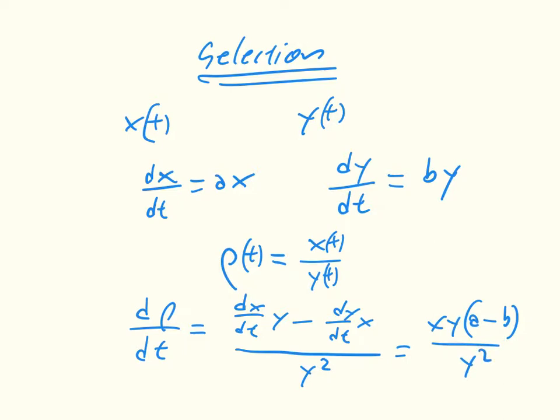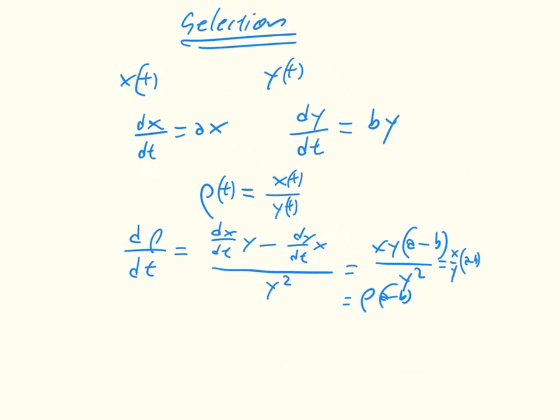And this is me just substituting things in. And we can just pull out that that's actually x over y times (a minus b). That, of course, x over y is just rho, times (a minus b).